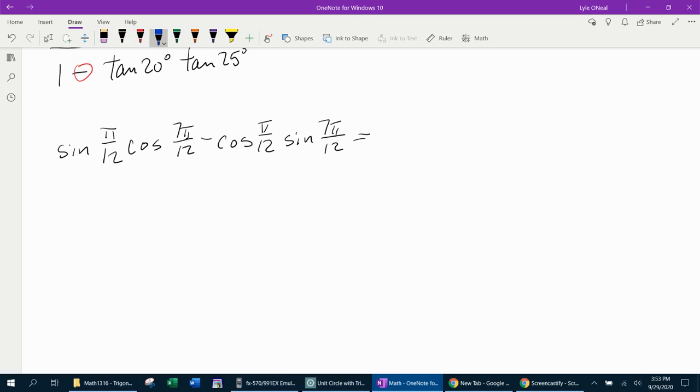So from what we just talked about, we know that when the sine and cosine alternate, this is going to be a sine formula. And if it's a minus in the middle, then that's going to be a minus in the sine formula. So now all we need to know is what is alpha and beta. So alpha is pi over 12, beta is 7 pi over 12.